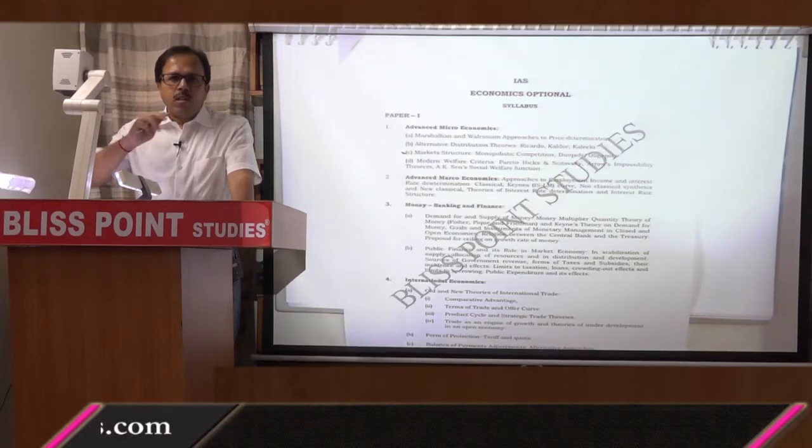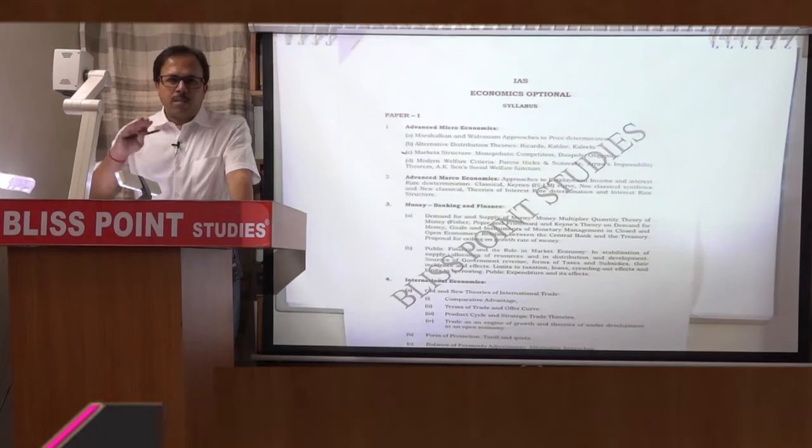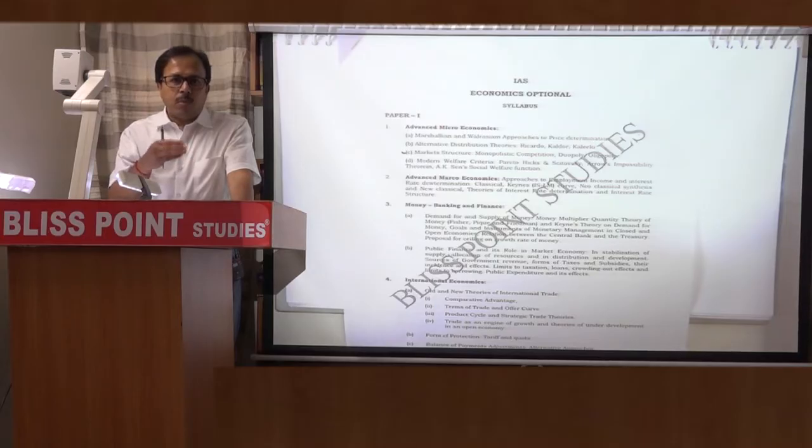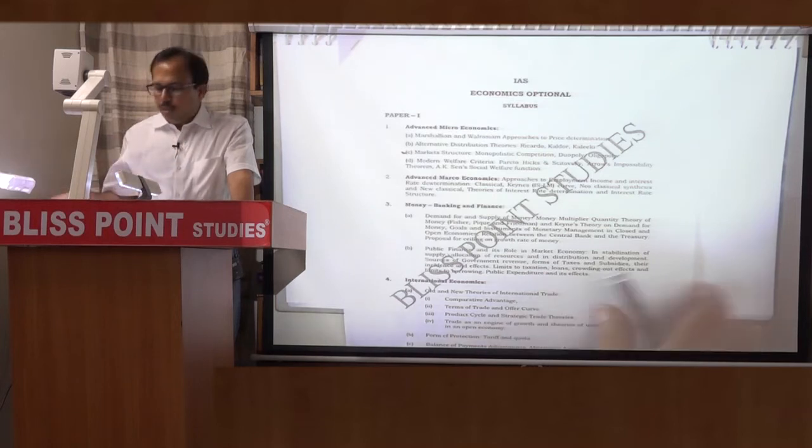So first write down the detailed syllabus, what we are going to cover, from which source we will be referring. So important sources. Then we will be going by the question. So what is the weightage of macro section in paper 1, you will get to know. And then we will start with the content part.